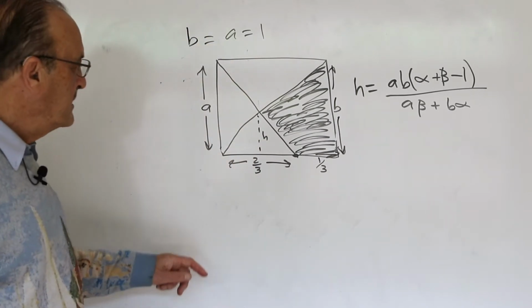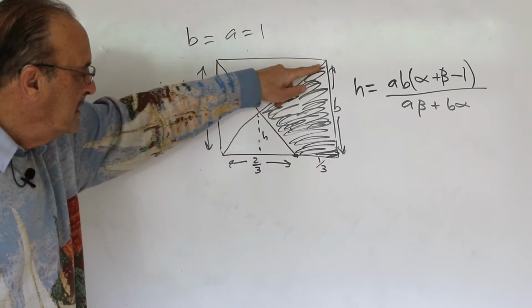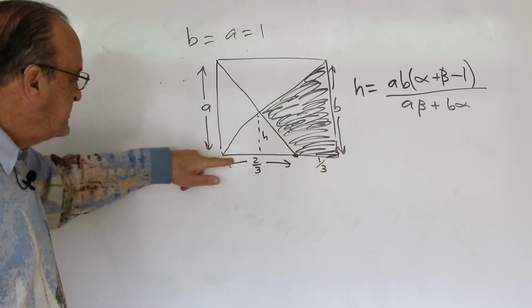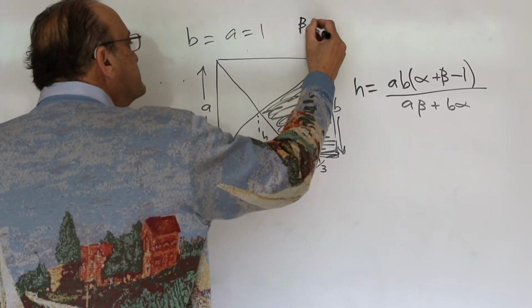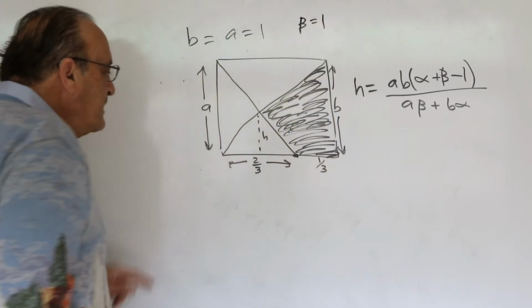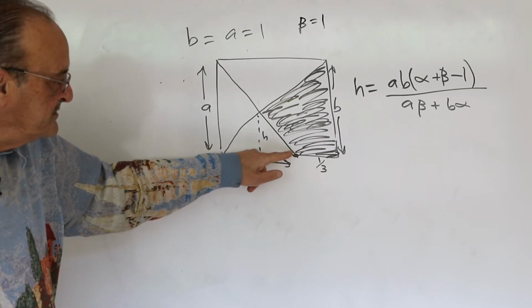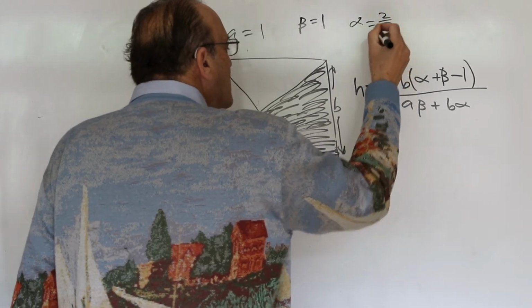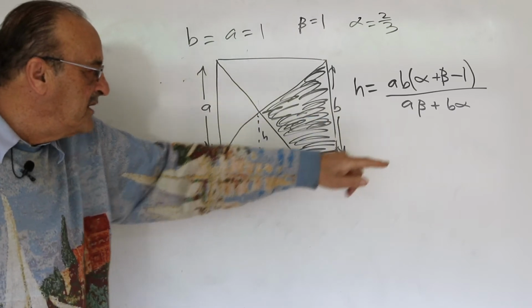And this distance is going to be beta, which is also 1. But alpha is not 1. Alpha is only 2/3. So if we plug these numbers into this formula, we're going to get this height.